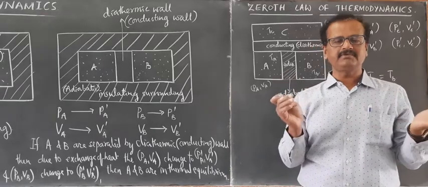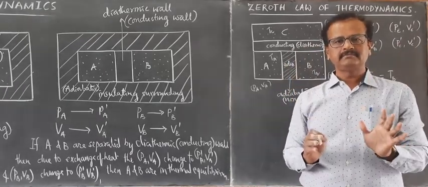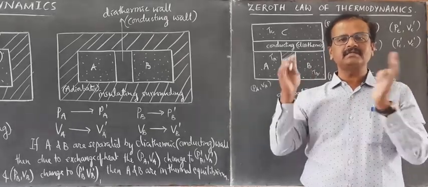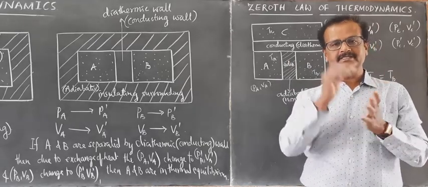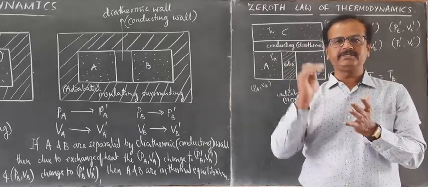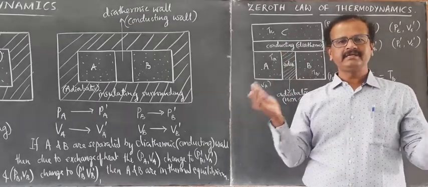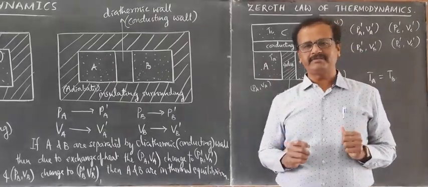When the temperature of system B and system C becomes the same, TB equal to TC, then we say that B is in thermal equilibrium with C. When TA is equal to TC and TB is equal to TC in thermal equilibrium, then obviously TA is equal to TB. This is called the Zeroth Law of Thermodynamics.